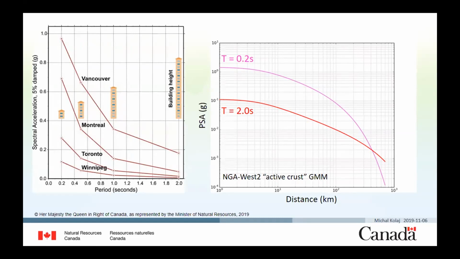And it has a certain resonant frequency. So it might be at 2 seconds, 0.2 seconds. And engineers use these simplified models to figure out how their building will respond. And so a short period measurement is appropriate for a small building, whereas a long period is more appropriate for a tall building. So 2 seconds might be for a 20-story building.